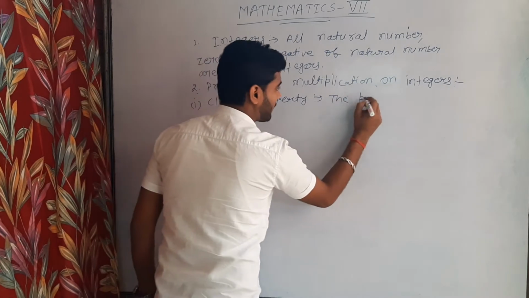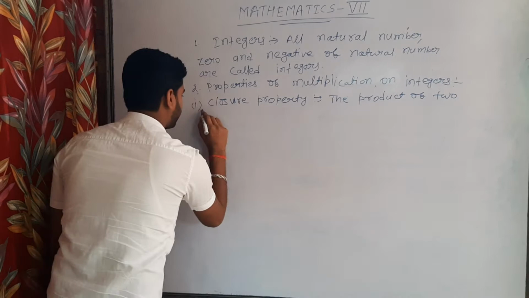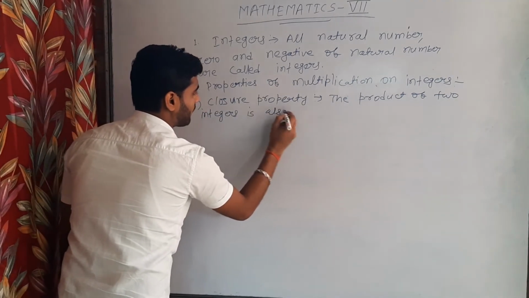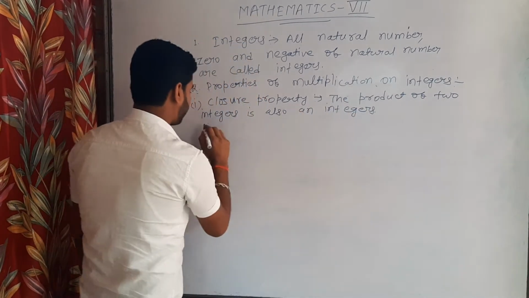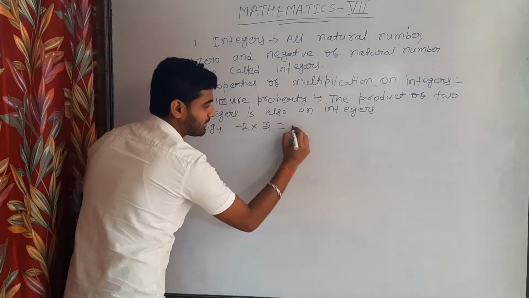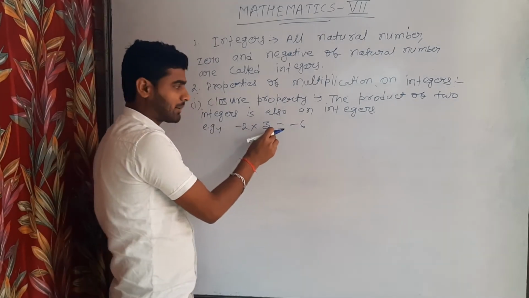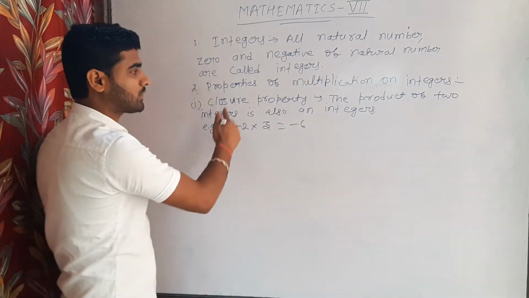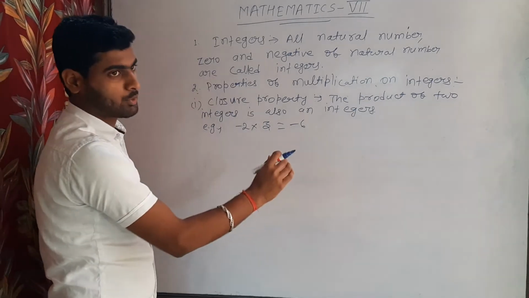The product of two integers is also an integer. As an example, if you multiply minus 2 multiply 3, then the result is minus 6. Here minus 2 and 3 are both integers and the result minus 6 is also an integer. So the product of two integers is also an integer. It is called closure property.